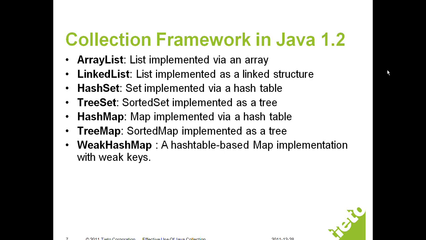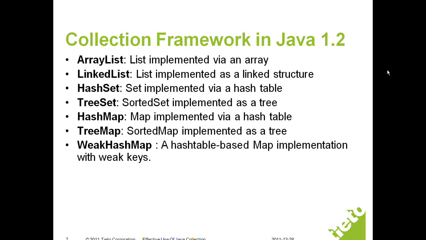TreeSet is a SortedSet implemented as a tree, which gives you the sorted way. HashMap is the basic implementation of a Map, whose base structure is a hash table. TreeMap is the SortedMap, and one more added was WeakHashMap, a hash table based map implementation with weak keys.